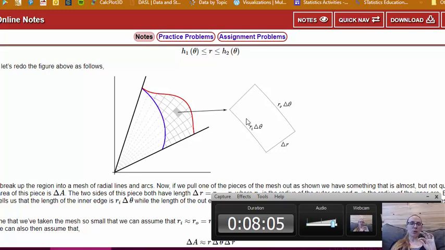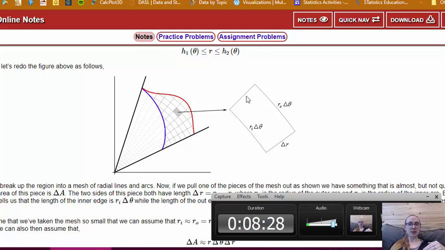So this is the geometry we're dealing with here. But if we shrink these pieces down into tinier and tinier grids, the radii, even though they're different radii, are going to essentially become the same.